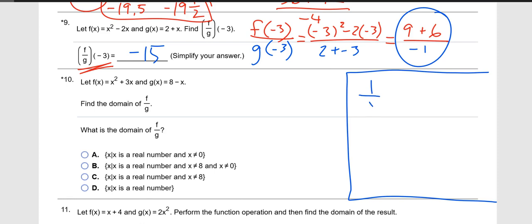I want you to look at this very simple fraction that I wrote in the blue box, 1 over x. Can you tell me the only number in the universe that you cannot put in there for x? 0. X cannot equal 0. Because we know that 1 over 0 is undefined or non-existent. You can't divide anything by 0.